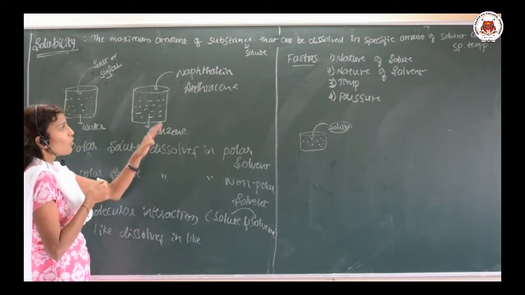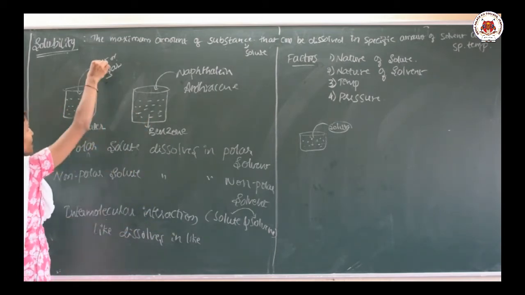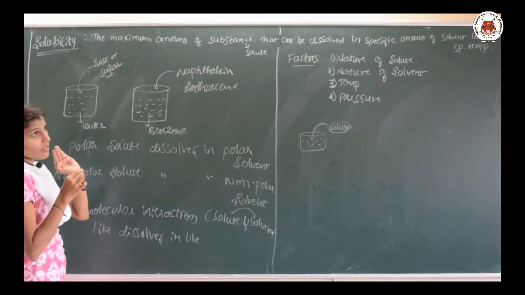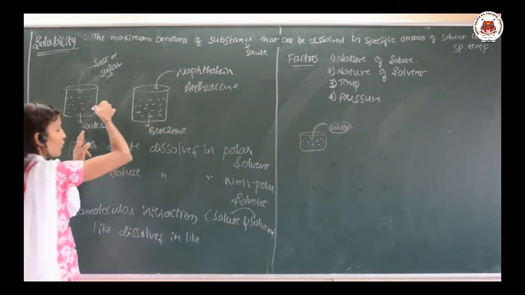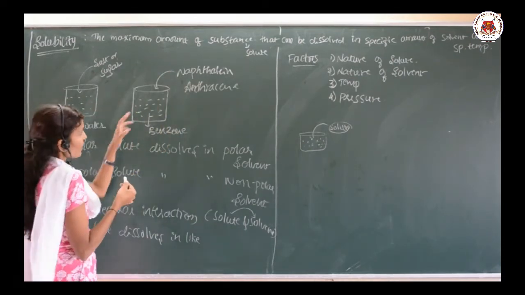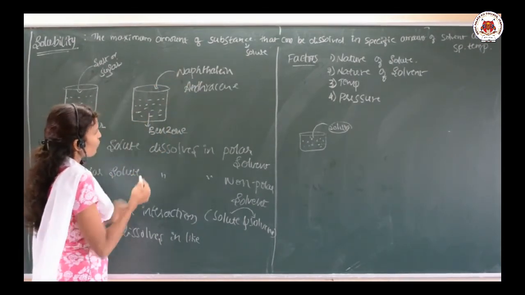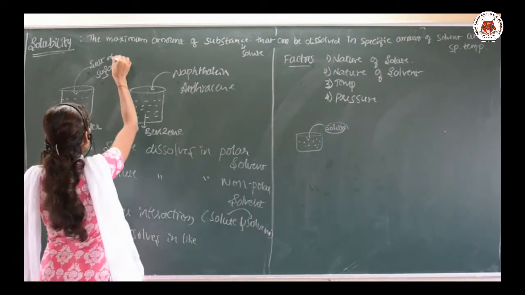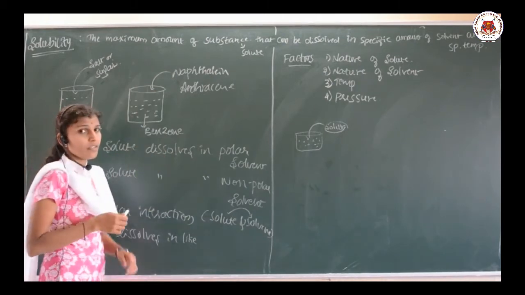So, this is how we can tell. For example, salt can be dissolved in water, sugar can be dissolved in water, but naphthalene cannot be dissolved in water. Similarly, naphthalene and anthracene both can be dissolved in benzene, but salt and sugar cannot be dissolved in benzene.